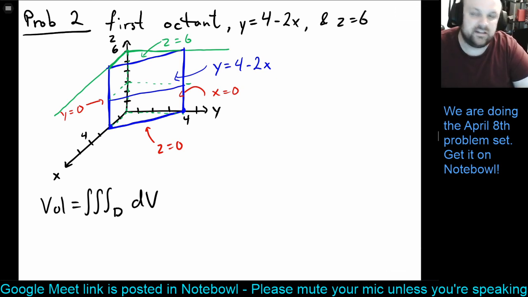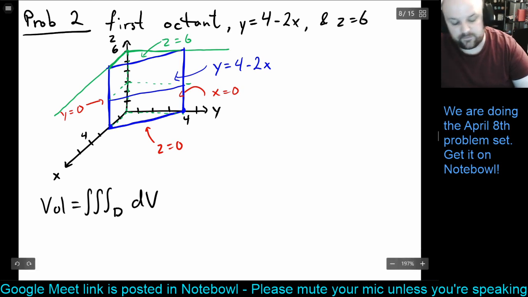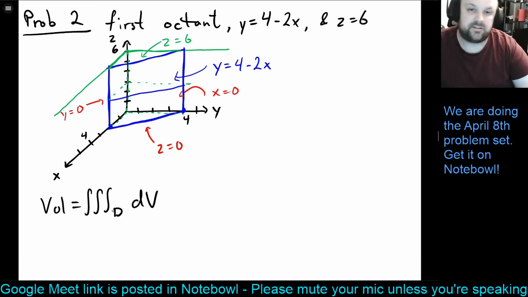That's all there is to it. Just like we could use a double integral to compute area by integrating dA over a region, for volume we can do a triple integral over the solid region of dV. Same idea.